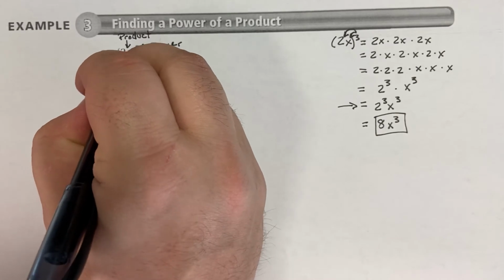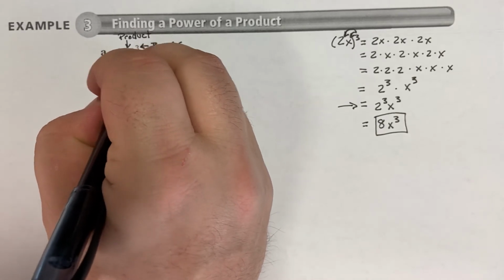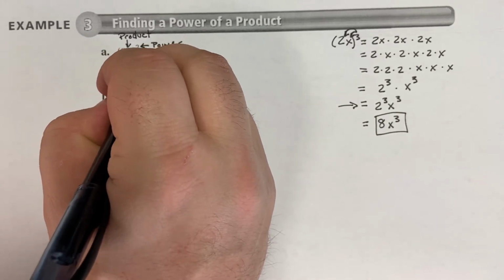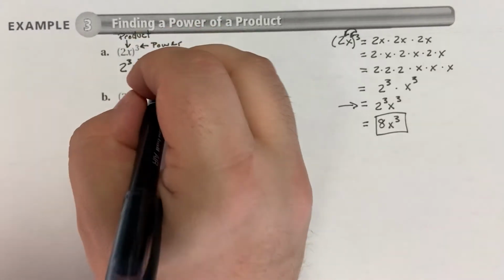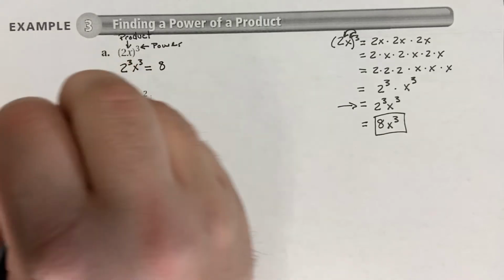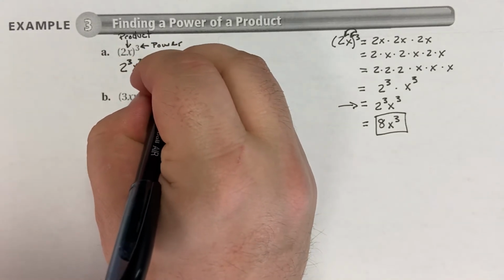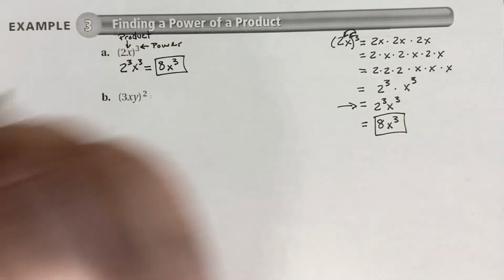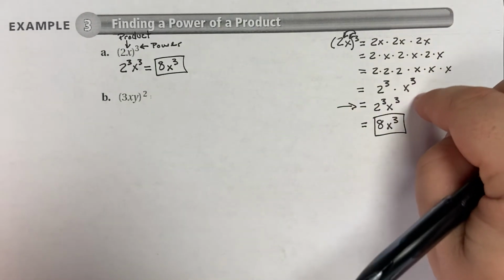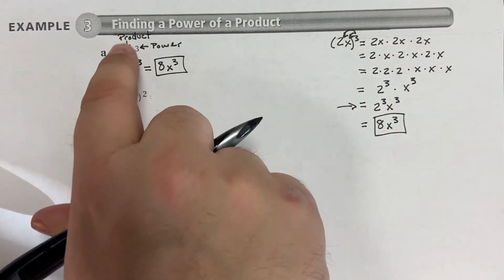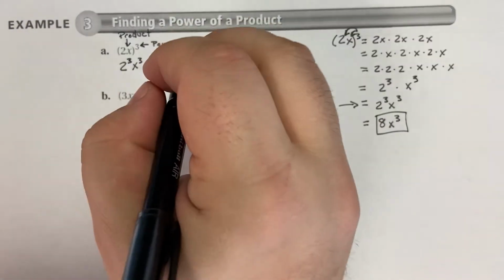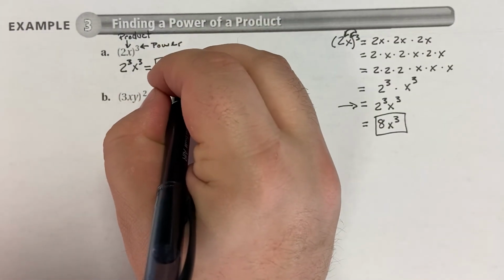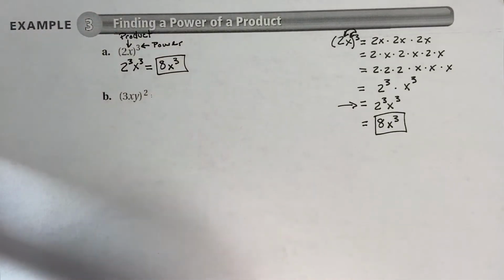So 2 to the third, x to the third. And then I'm going to go ahead and solve, because the 2 to the third is going to be a smaller number. That's going to be 8x to the third, and I'm done. So you can show your work this way if you want to, or you can just show your work this way. It's going to be up to you. When you enter it in, you're just going to enter this into the computer.